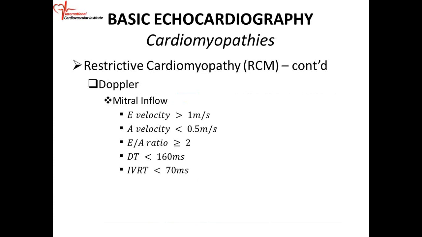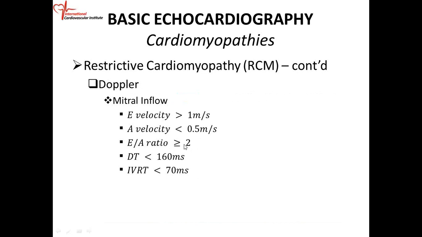Of course, you know that restrictive physiology is a grade 3 diastolic dysfunction. Diastolic dysfunction is divided into grade 1, grade 2, and grade 3. Restrictive physiology is defined where, when you look at the mitral inflow, the E to A ratio is usually 2 or greater.